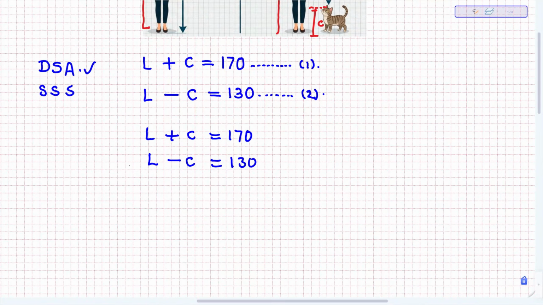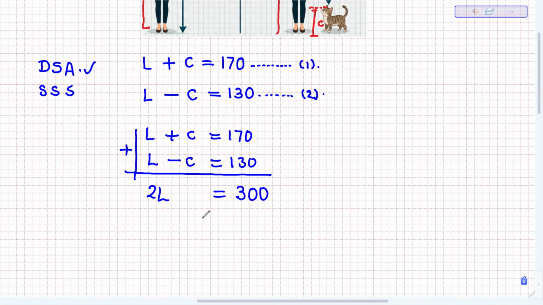I'm going with this, therefore we're going to add these two equations together, and from here when we add our L plus L, we get 2L, and C plus negative C goes to 0, and that is why we have just eliminated it out. And of course 170 plus 130, we get 300.